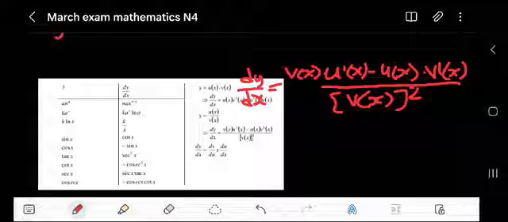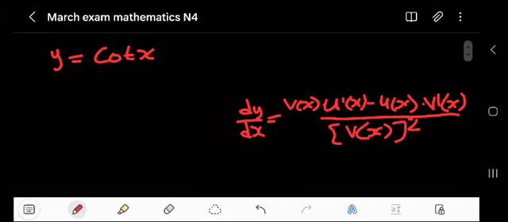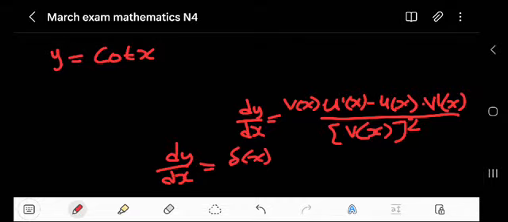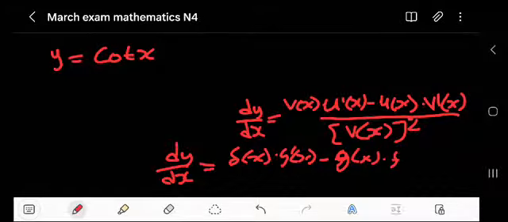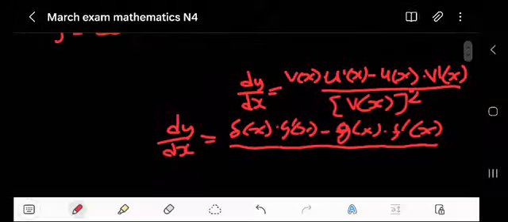Alright, so let us relate this. Let us use y. Let us not use this v. This is the same as dy over dx equals f of x multiplied by g prime of x minus g of x multiplied by f prime of x, divided by what?